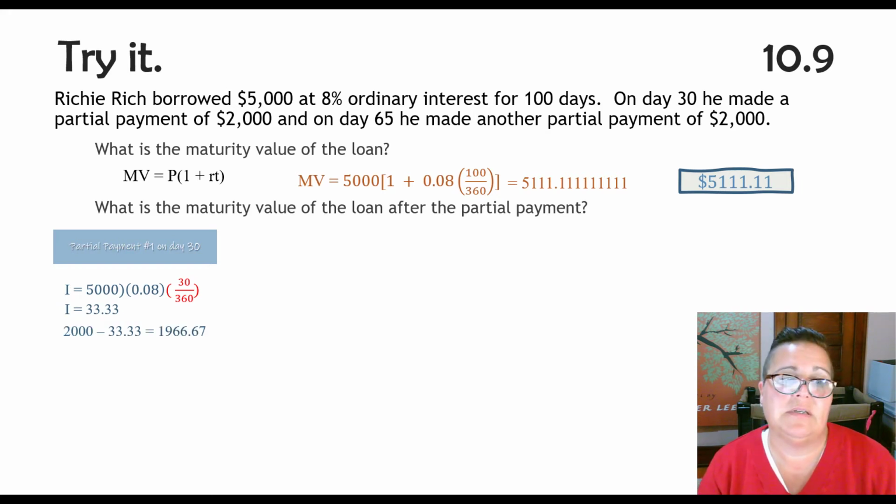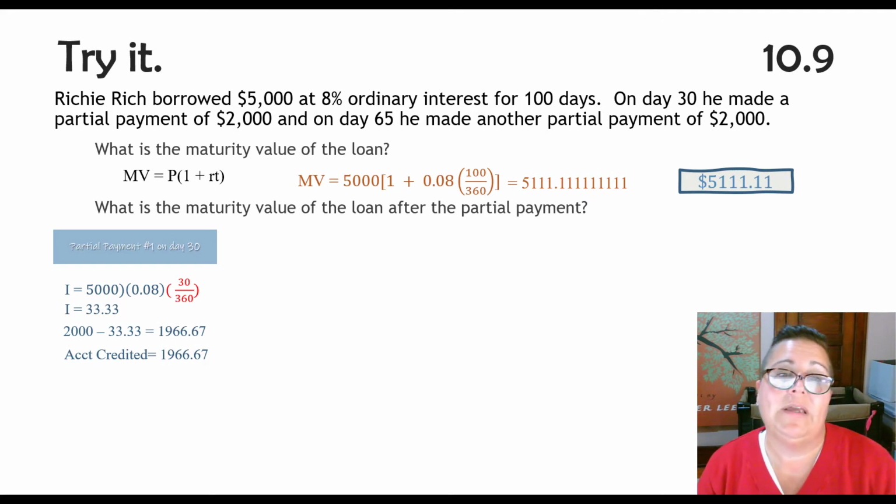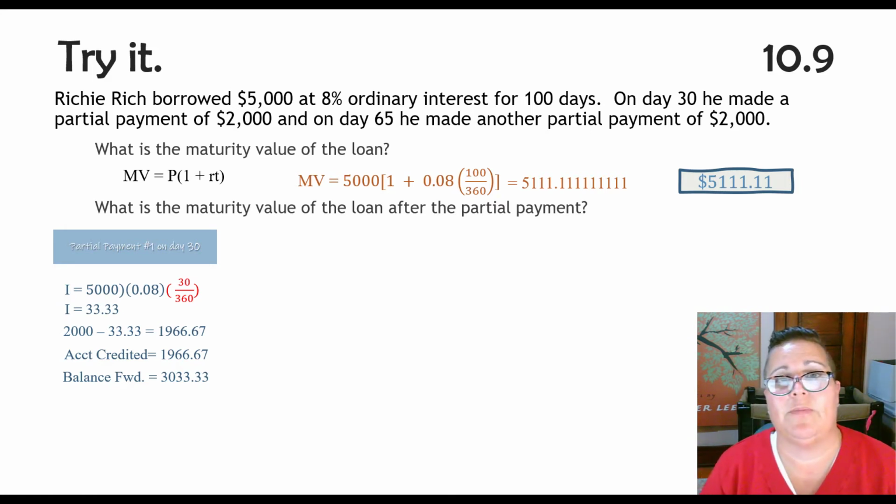So $2,000 minus $33.33 is $1,966.67. So the account will be credited $1,966.67. That means that amount will be subtracted from the $5,000, the initial amount of the loan, leaving $3,033.33. That's after the first partial payment.